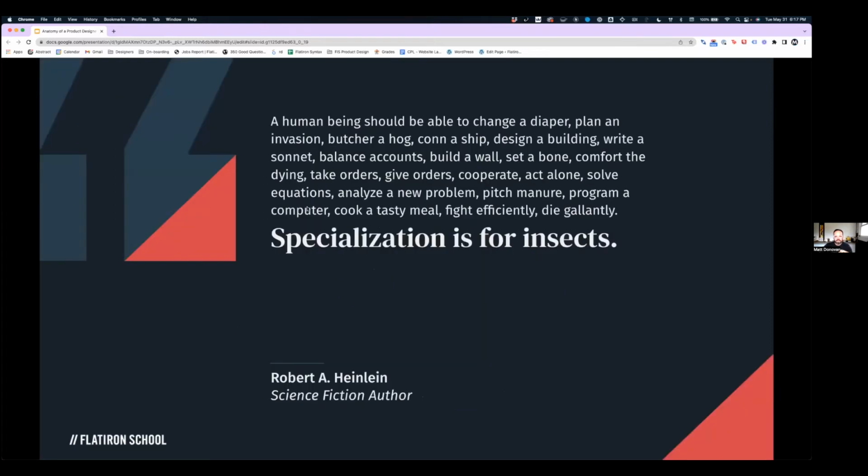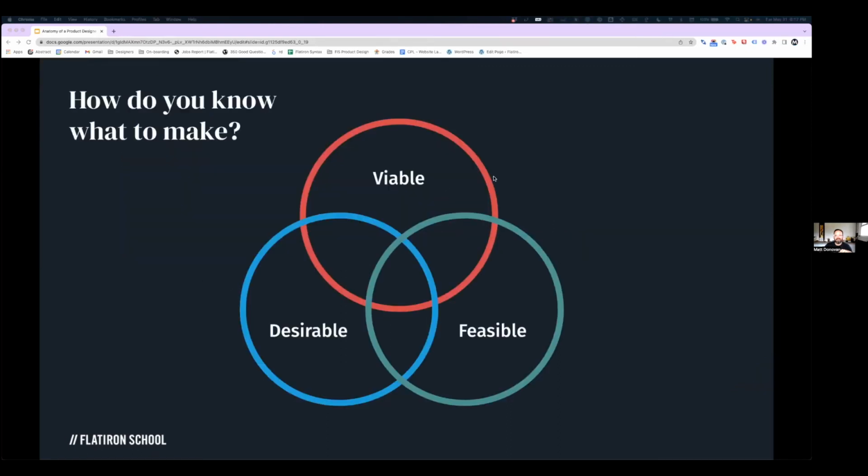when you first start, there's a quote coming, when you first start in your career as a product designer, and maybe you're leaning in more towards this desirable ring, you will become of greater value to your team, and you'll gain more leverage in your career, the more you start becoming conversant in these other pieces of this diagram.